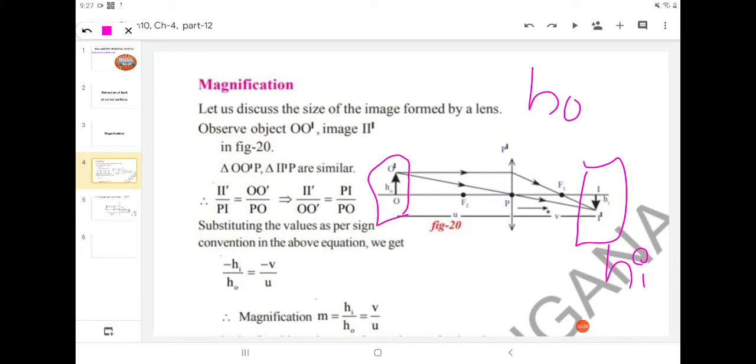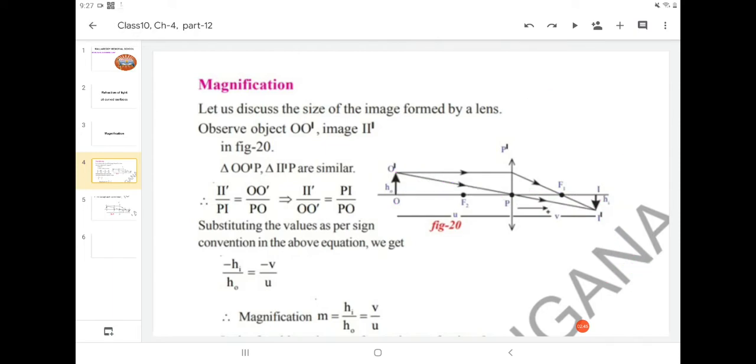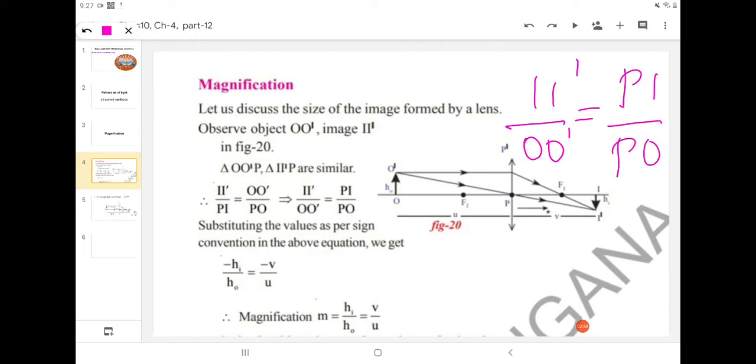From this diagram we can see that triangle O'P and triangle I'P are similar triangles. So we can write I'/O' equals PI/PO. Now substitute the values as per sign convention in the above equation.